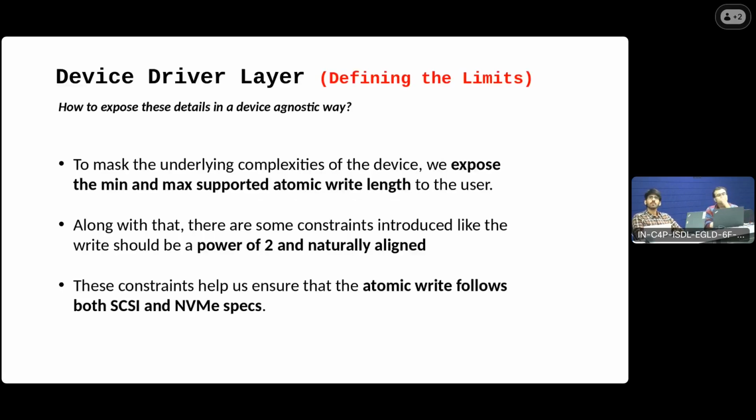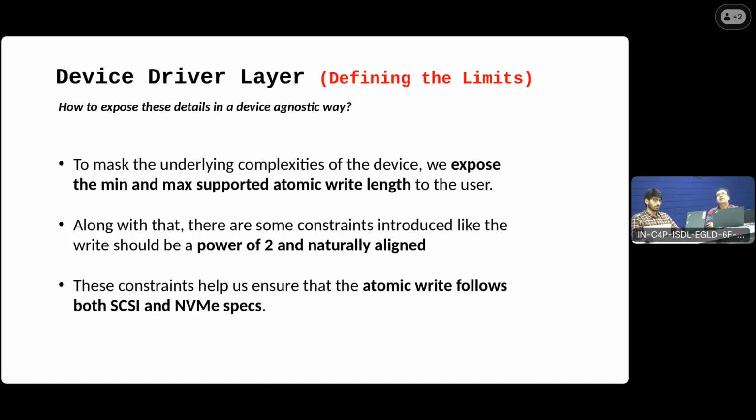The device driver is basically trying to expose the constraints of both NVMe and SCSI in a way so that the user can know the minimum and maximum supported atomic write lengths, so that whenever we prepare the buffer and submit it, we can follow the constraints the device requires.